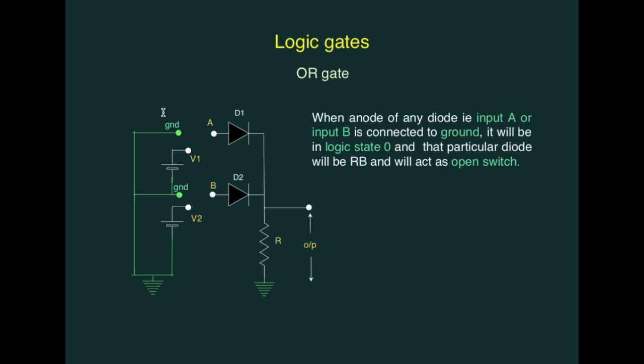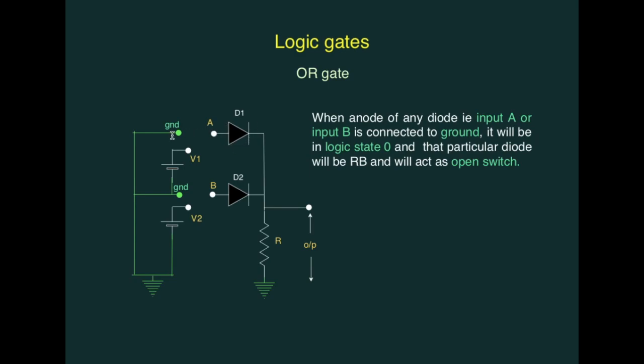This part of the circuit will be used to give high voltage to inputs A and B or to connect them to ground. That means we can keep these two inputs in logic state 0 or in logic state 1. When the anode of any diode, that is either input A or input B, is connected to ground, the diode D1 or D2, the anode of which is connected to ground, will be in reverse bias condition and it will act as open switch.